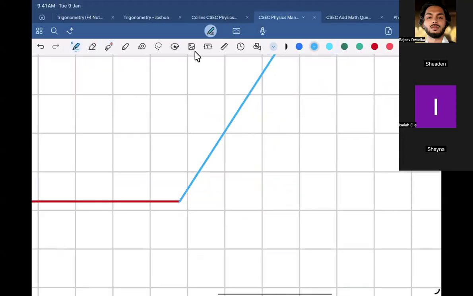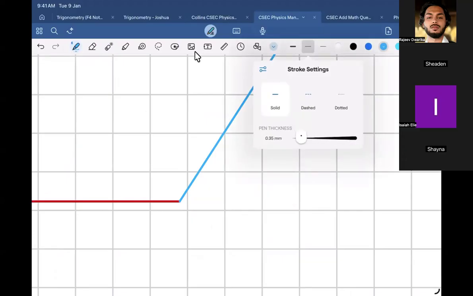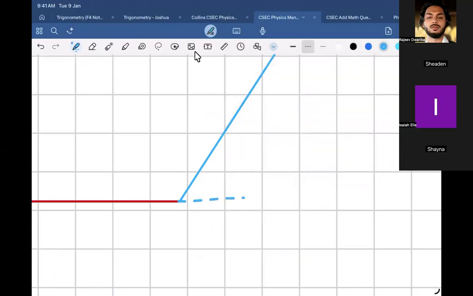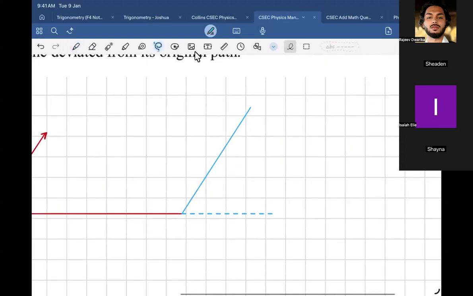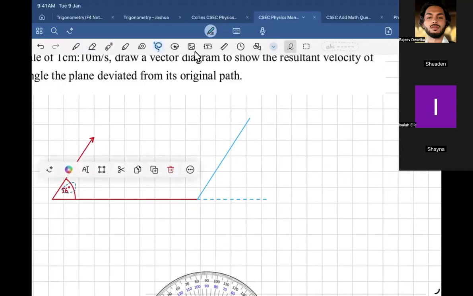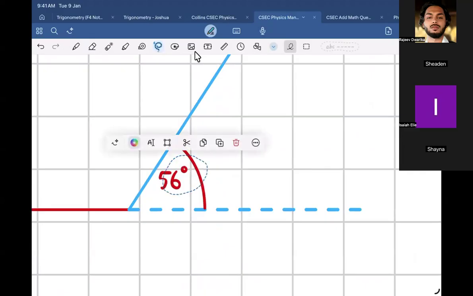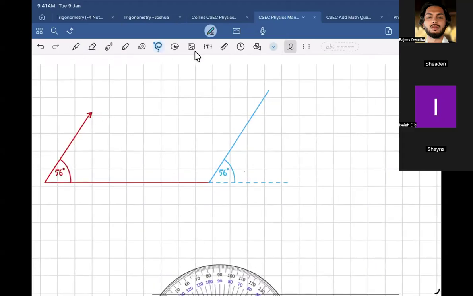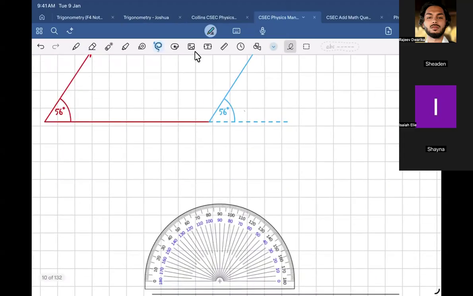Let me draw a dashed line. No rocket science. Sheila, you understand what I just did? Yes, sir. I just recreated 56 degrees on this end. Isaiah, you following along? Okay, cool.